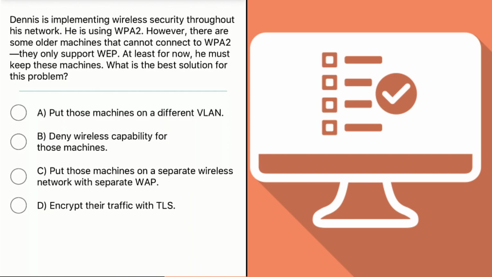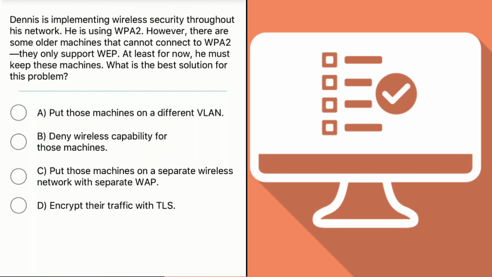Dennis is implementing wireless security throughout his network. He is using WPA2. However, there are some older machines that cannot connect to WPA2. They only support WEP. At least for now, he must keep these machines. What is the best solution for this problem? A, put those machines on a different VLAN. B, deny wireless capability for those machines.